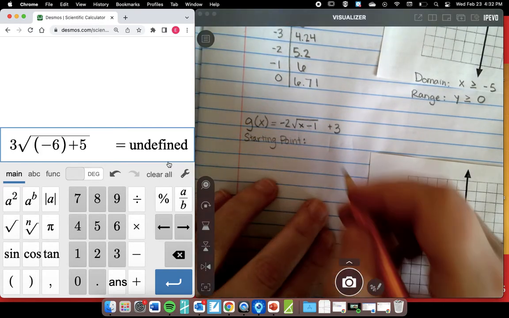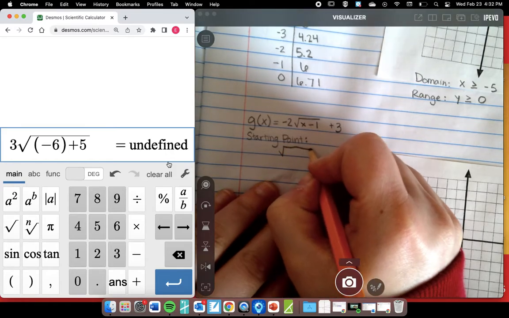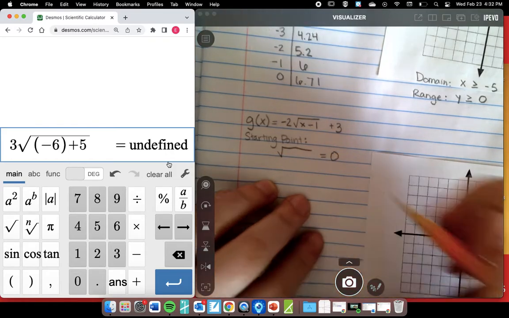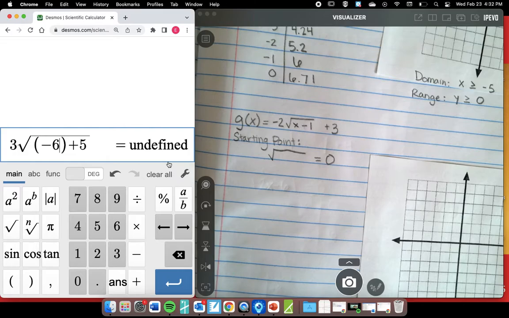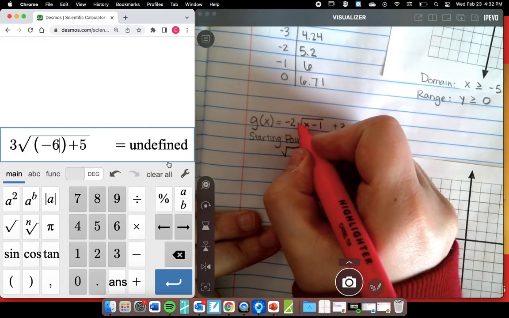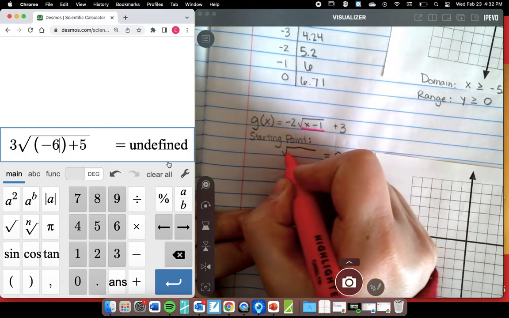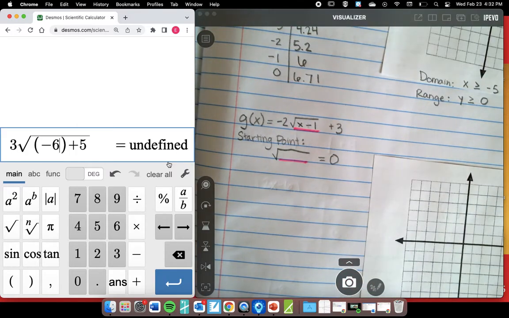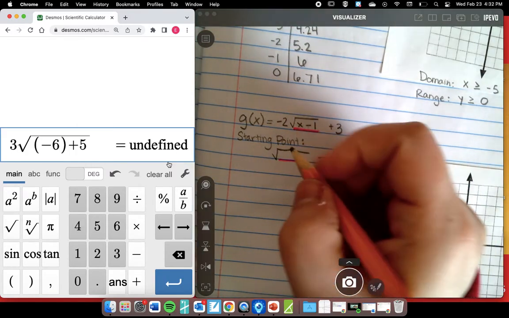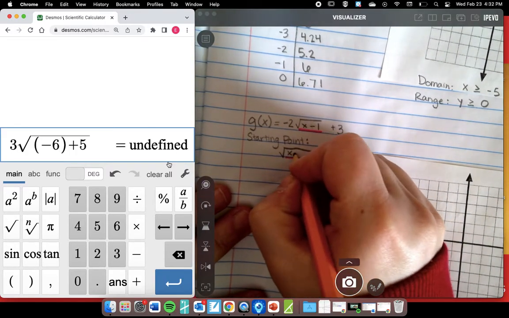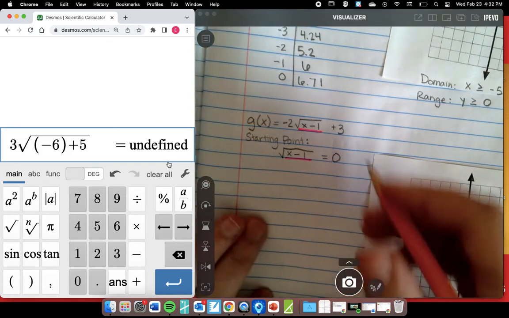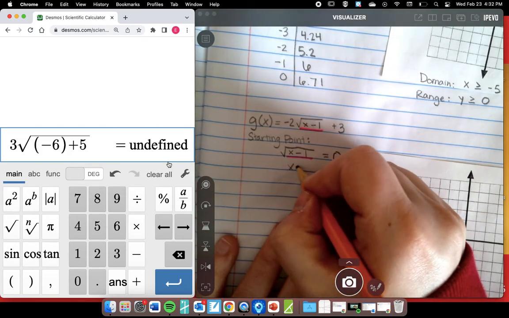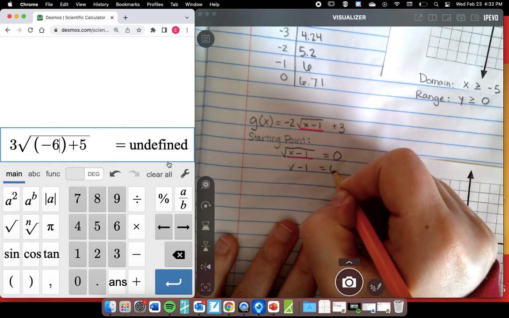And our starting point is where does that square root equal 0? So I'm looking only at the square root, so only that x minus 1. So I'm going to solve that equation. X minus 1 equals 0.